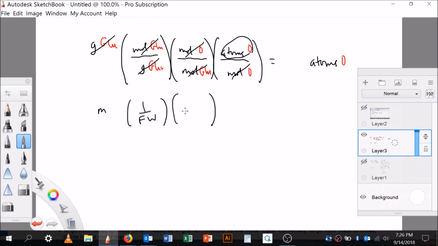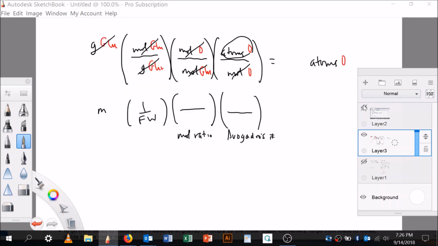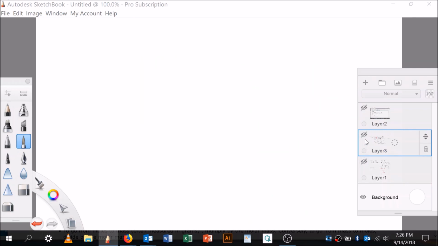This was a mole ratio, and this was Avogadro's number. I don't even know how to spell it. Okay, so let's put the actual numbers in there now. 60.0 grams, and the formula weight was 180.162.